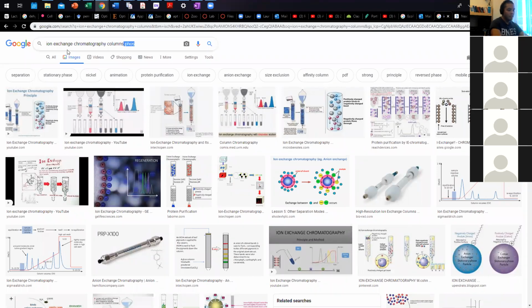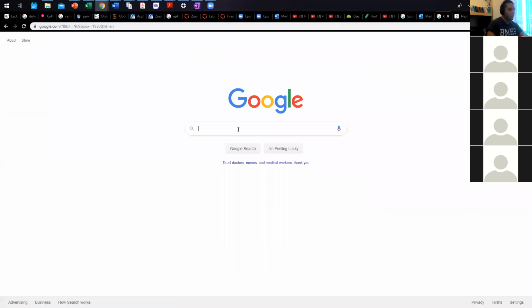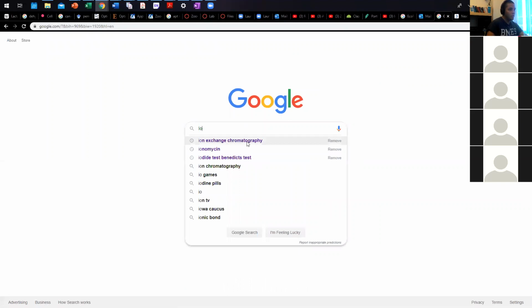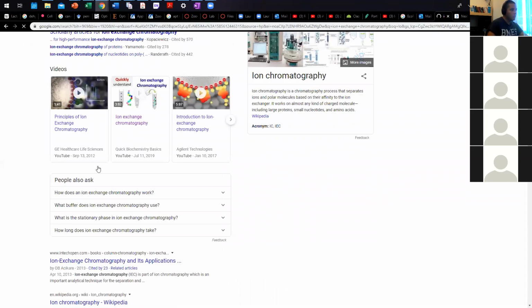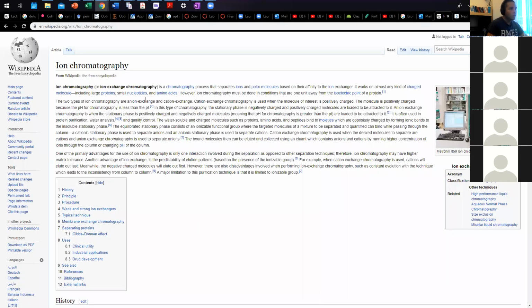I guess the way I'm explaining it is a little vague, so I'll open this up. Ion exchange separates ions and polar molecules based on affinity. DNA is polar, so it's negatively charged because of its phosphate backbone.